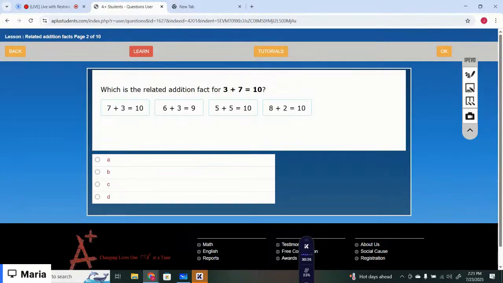Which is the related addition fact for 3 plus 7 equals 10?